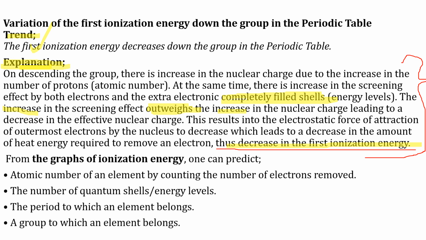So from the graphs of ionization energy, first of all, you can predict the atomic number of an element by just counting the number of electrons being removed. After plotting your graph, you count the dots on your graph.